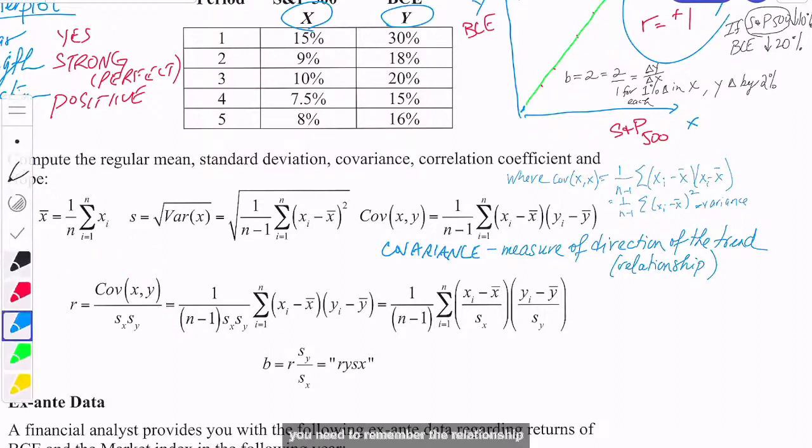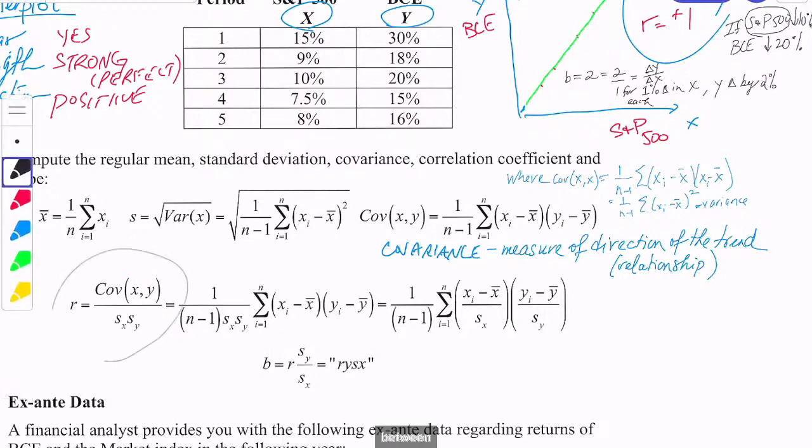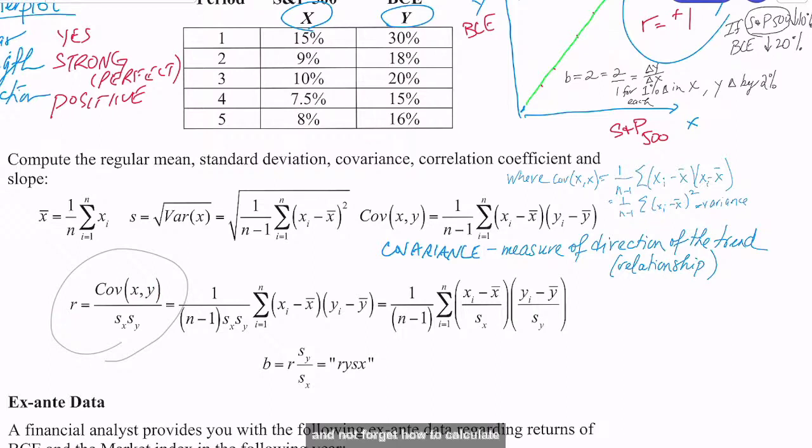You need to remember the relationship between covariance and correlation, and not forget how to calculate covariance. It looks like a variance, but you're using x and y together, and then you standardize it, and by standardizing it, it reduces it to an index between -1 and 1, and then we can interpret it. Otherwise, for covariance, we'll get some number and we don't know what it means.